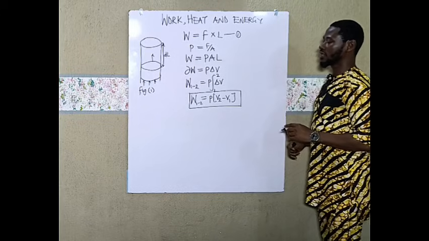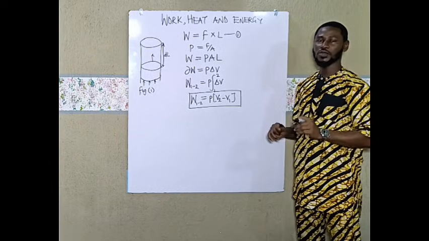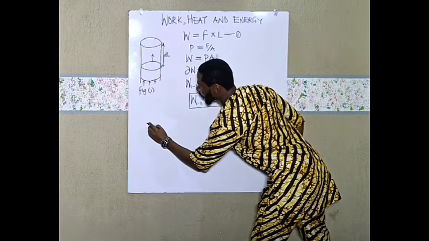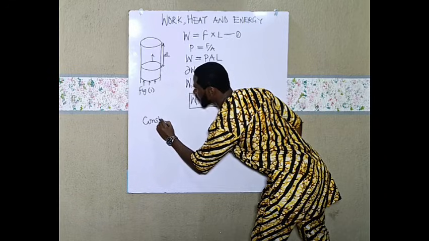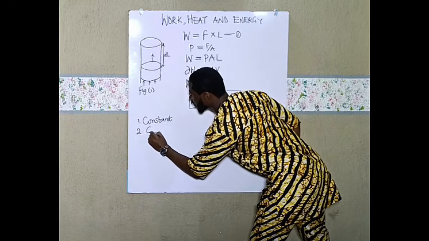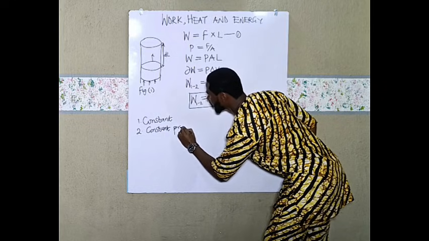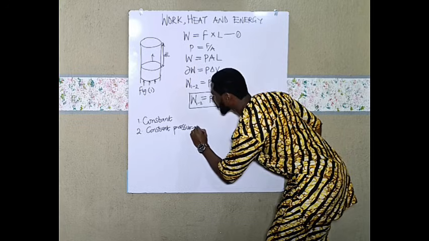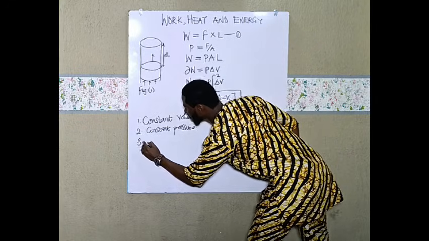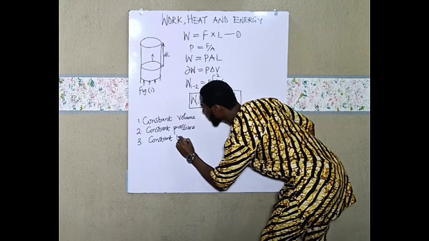Now we are going to look at work done in various quasi-static processes. The first one is constant volume. Our second one is constant pressure. The third one, constant temperature.